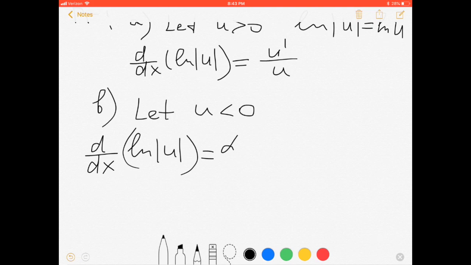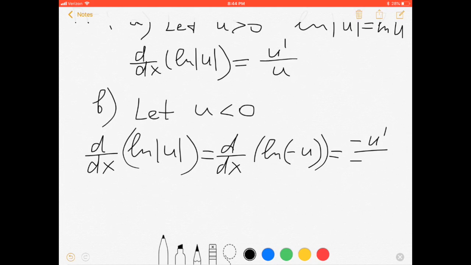To use this fact, we differentiate natural logarithm of negative u and use the formula for finding the derivative. You have minus u prime over minus u. The two minuses cancel, and you have u prime over u.